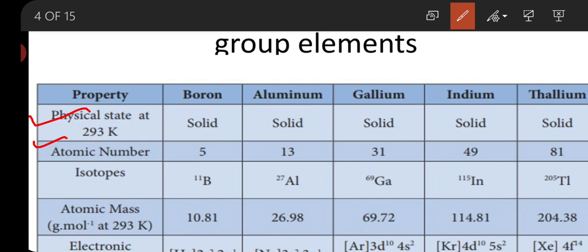Next, isotopes. Each element has an isotope: boron B11, aluminum Al27, gallium Ga69, indium 115, and thallium 205.